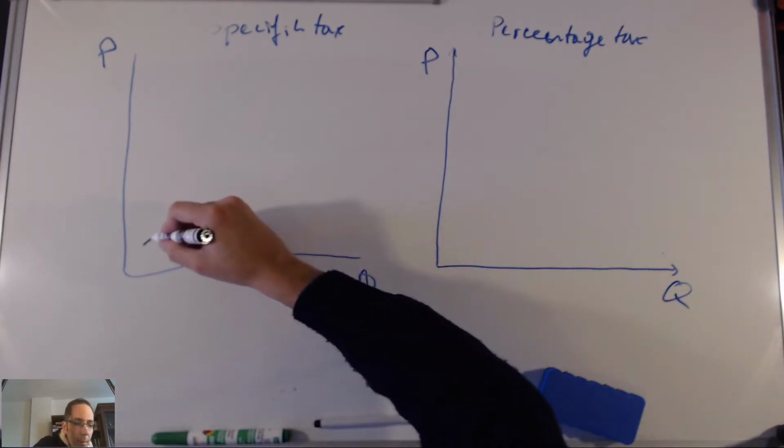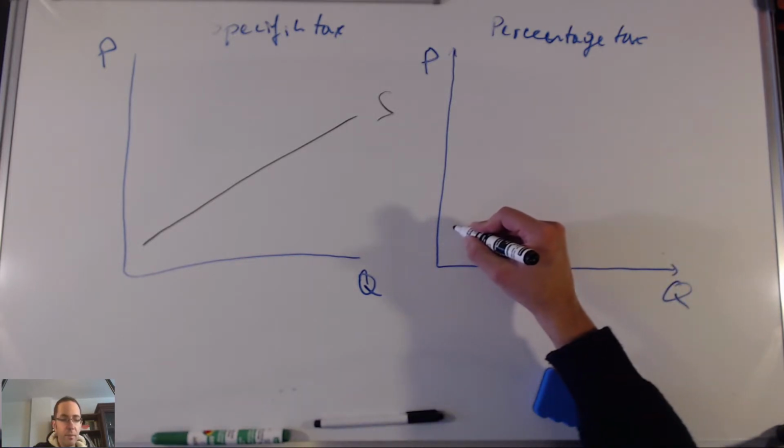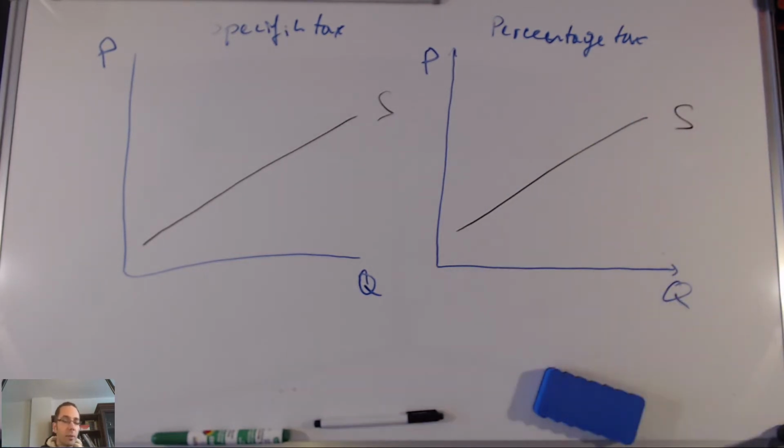Imagine that this is our supply and the tax will have an effect on the supply. The reason why the tax has an effect on the supply is because we collect the tax from the sellers. If we were to collect the tax from the buyers, then the tax would have an effect on the demand. But as we collect it from the sellers, we'll have an impact on the supply curve. And I can have an almost identical supply curve in this diagram as well.